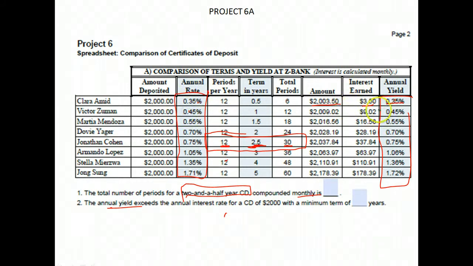These 2 are exactly the same. These 2 are exactly the same. When does this number become bigger than this number over here? Okay, when does that happen? How many terms in a year is that? So just look in the chart, find where that happens, and find your chart.